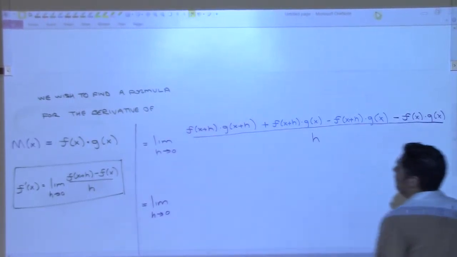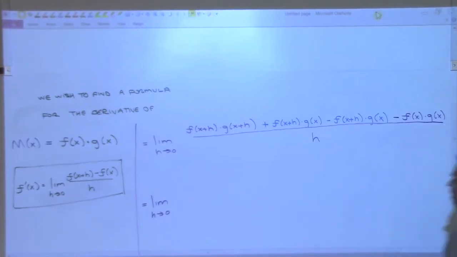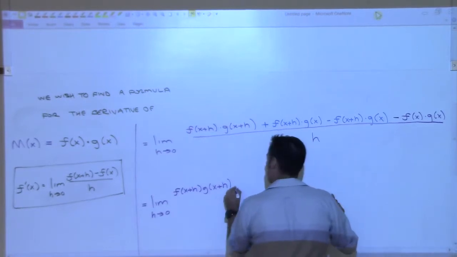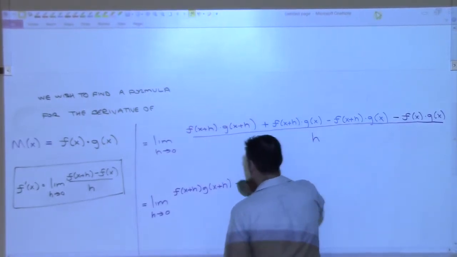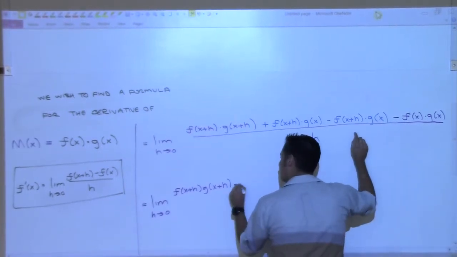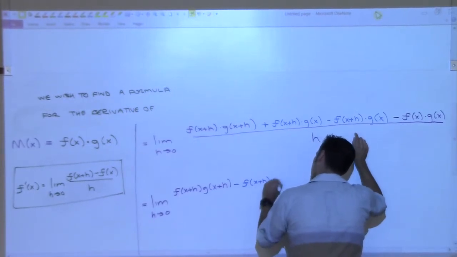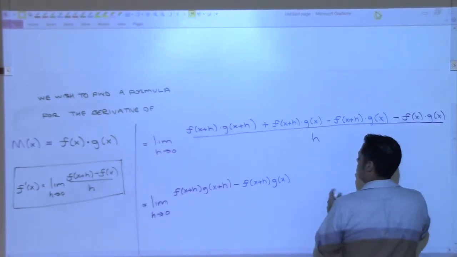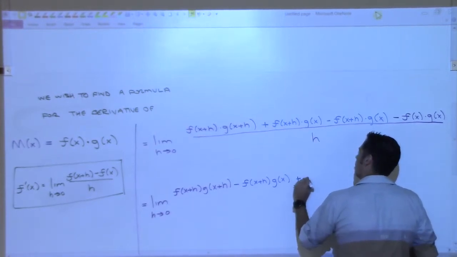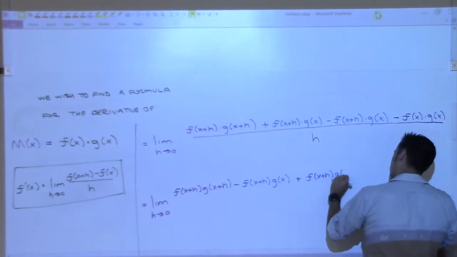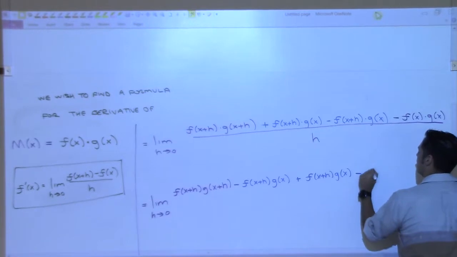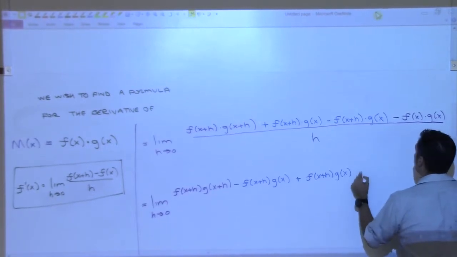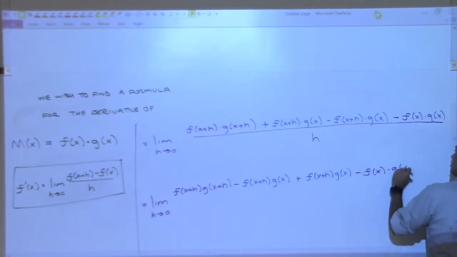So the next step, let me take a step back and take a look at this. Okay, so I'm going to write my next step. f of x plus h, g of x plus h, and then I'm going to write minus f of x plus h, g of x, plus f of x plus h, g of x, minus f of x times g of x, then all of this over h.